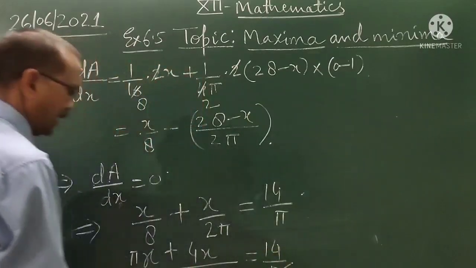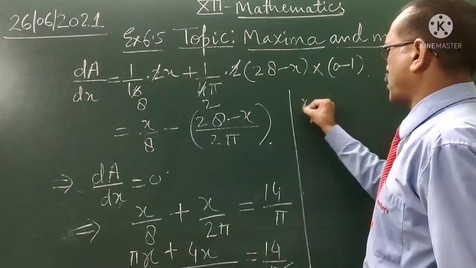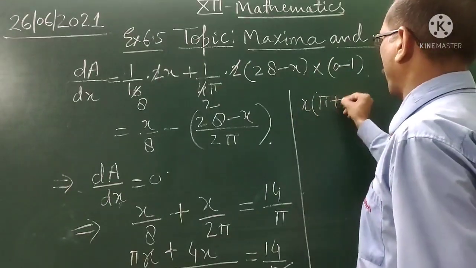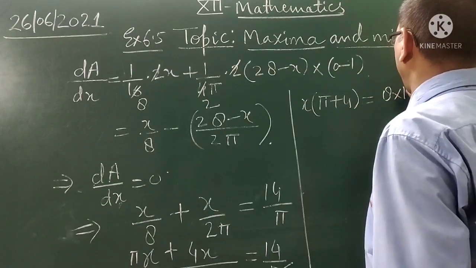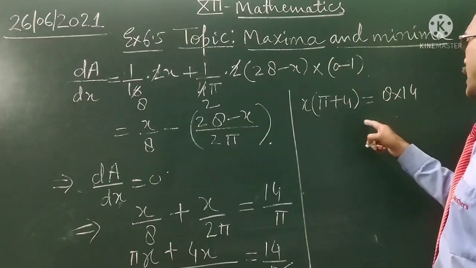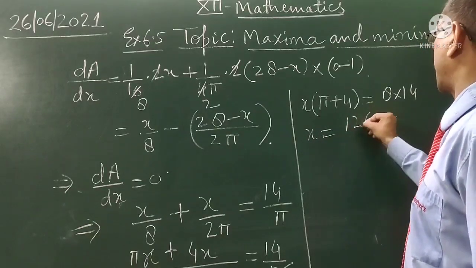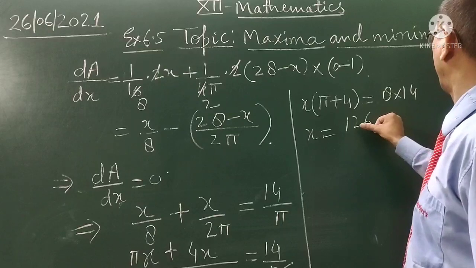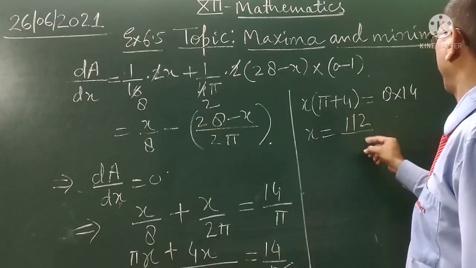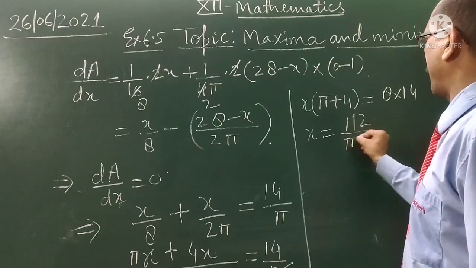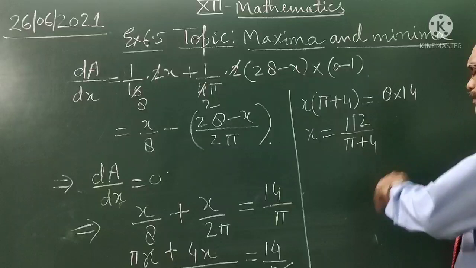Pi cancels and x is common. Pi plus 4 equal to 8 into 14. It is 126, sorry, it is 112. So x equals 112 upon pi plus 4. 14 8s are 112.